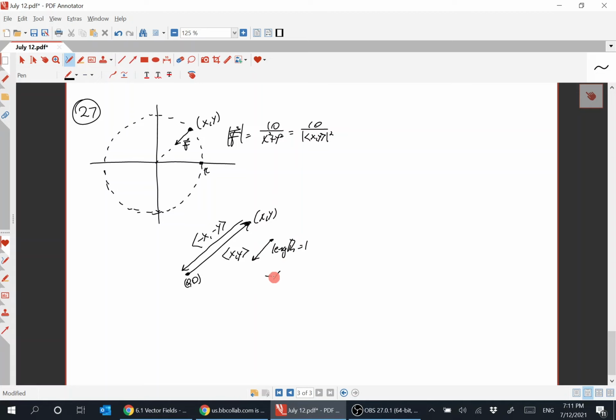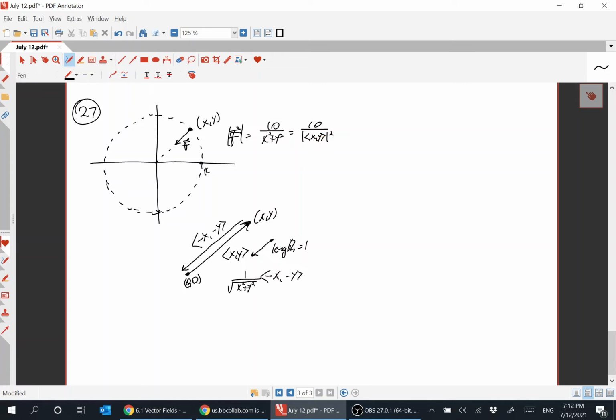Well, that's going to be minus x, minus y divided by its length, which is 1 over the square root of x squared plus y squared. So this vector points back towards the origin, and its length is 1. But I don't want its length to be 1, I want its length to be that.